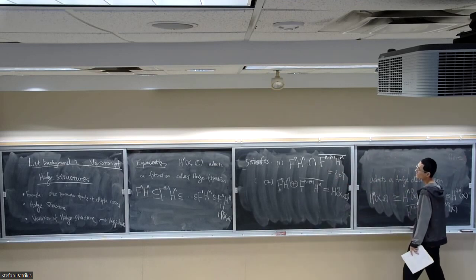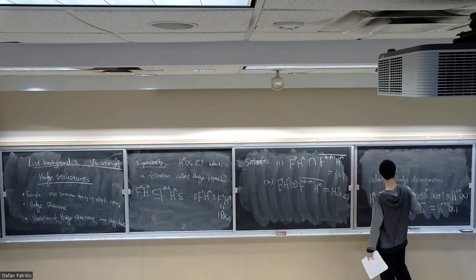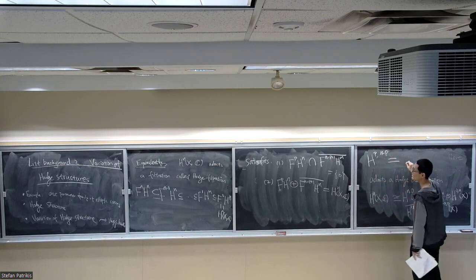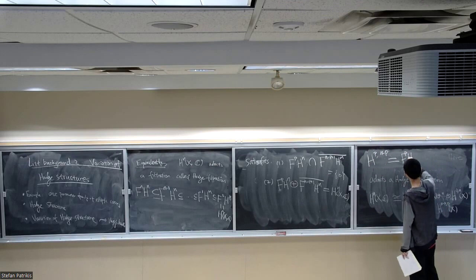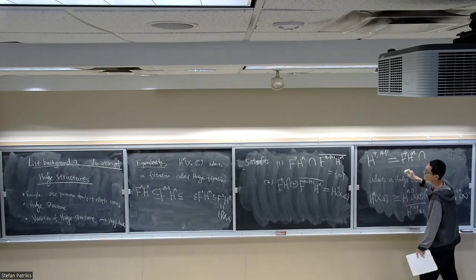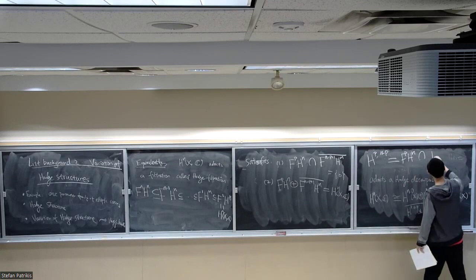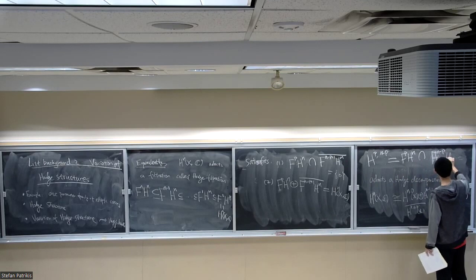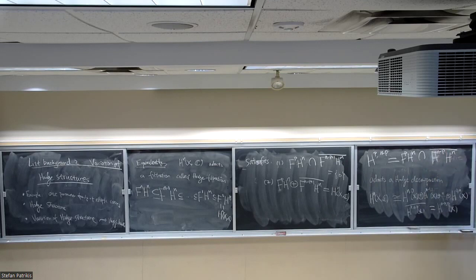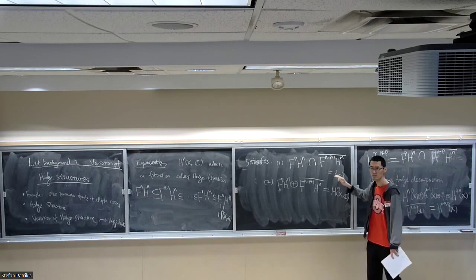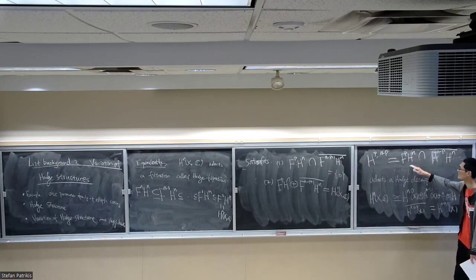It turns out that this H^{p,n-p} you can write as F^p H^n intersected with the conjugate of F^{n-p} H^n. So if you take this piece, it is going to intersect nontrivially, and that recovers the Hodge decomposition.